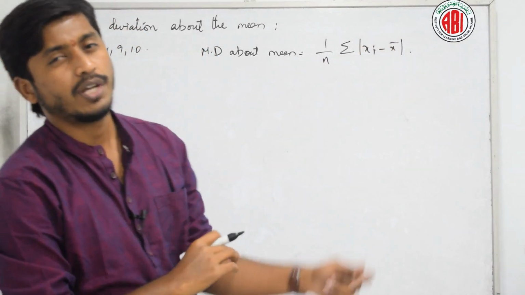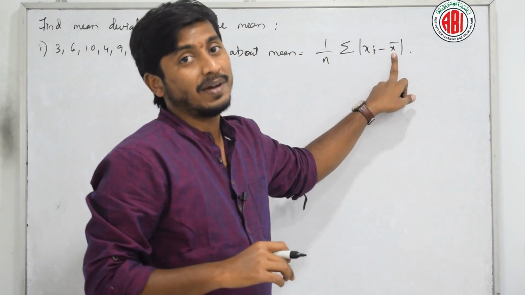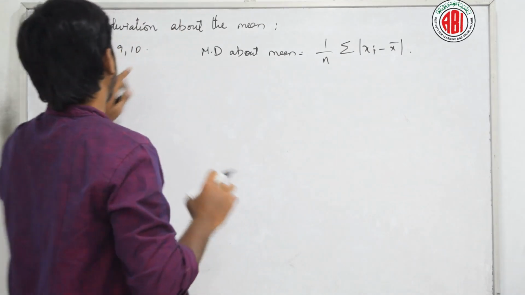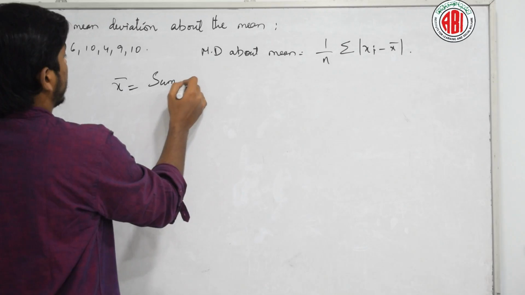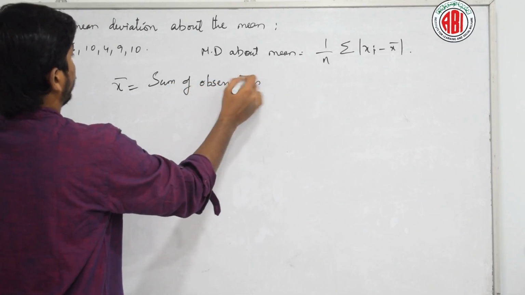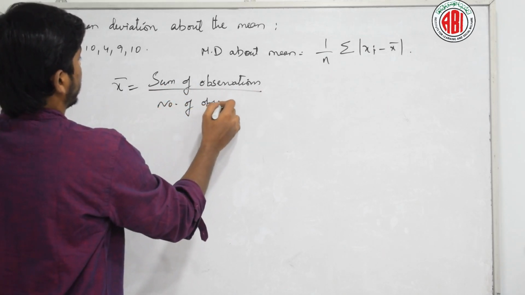So in order to solve that, we have to first find x bar, which is the mean. How do we find the mean of an ungrouped data? The mean of an ungrouped data is given by sum of observations by number of observations.